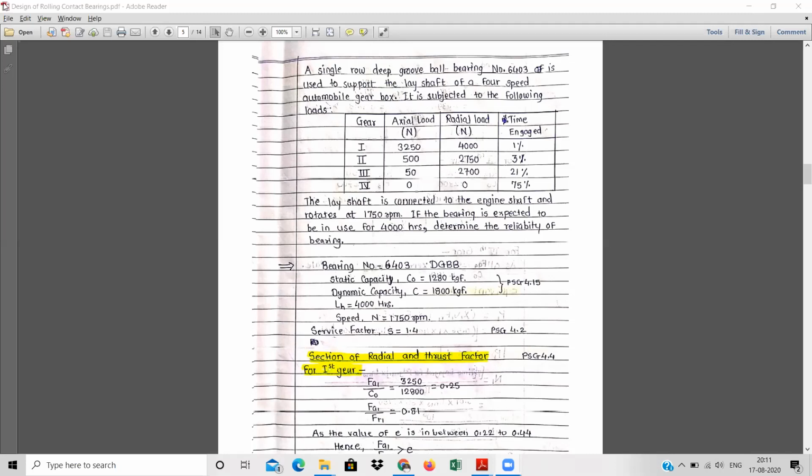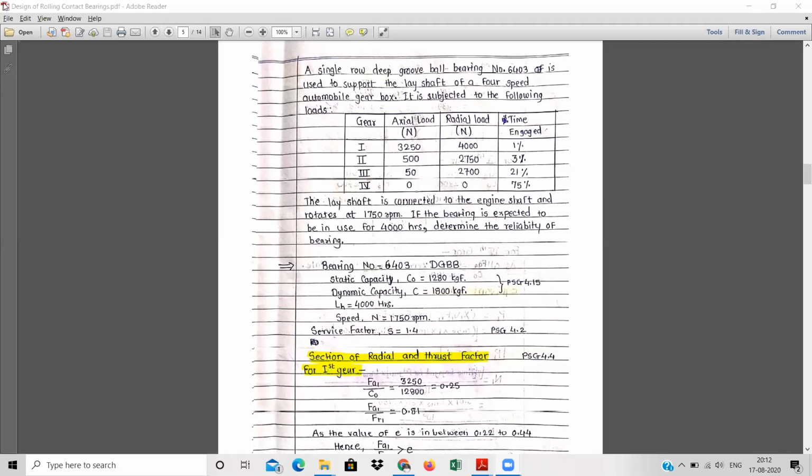Then the service factor, from PSG we have selected 1.4, for rotating machine with minor shocks. So in this condition, based on the range, we have selected the value of S equal to 1.4.